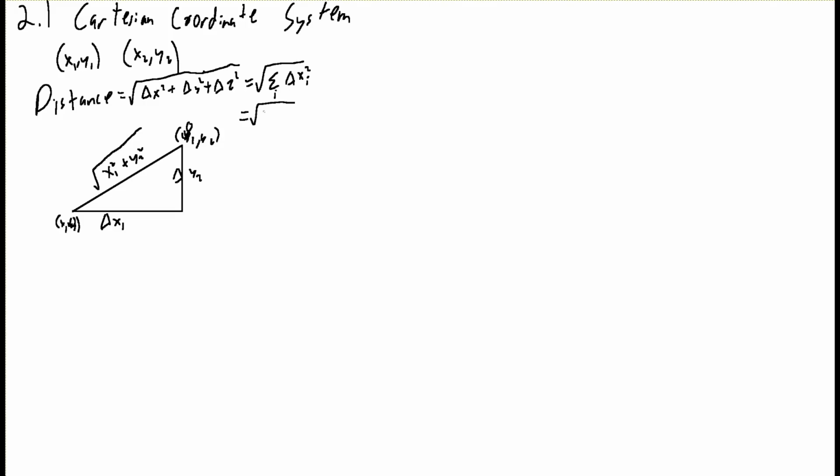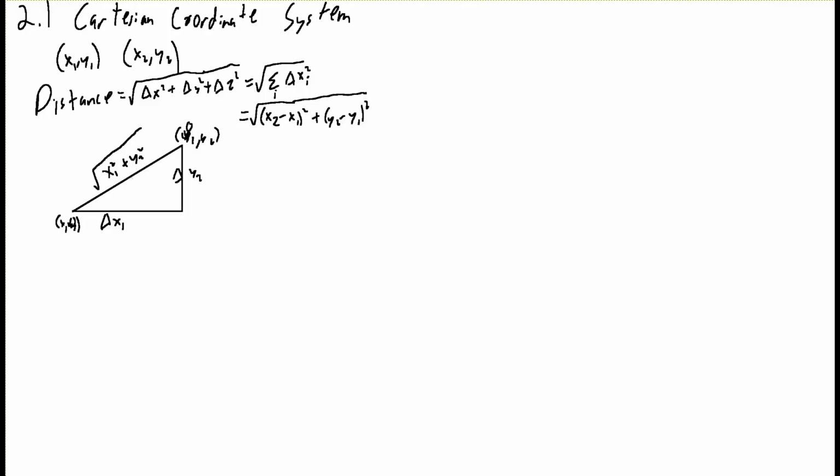So we have x2 minus x1 squared, plus y2 minus y1 squared. Sorry, it doesn't matter which order, because we're squaring things. This is the distance, the length of this line here.